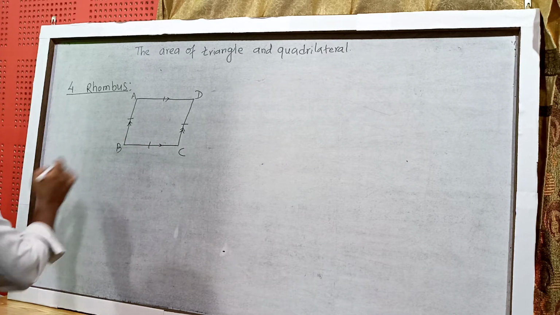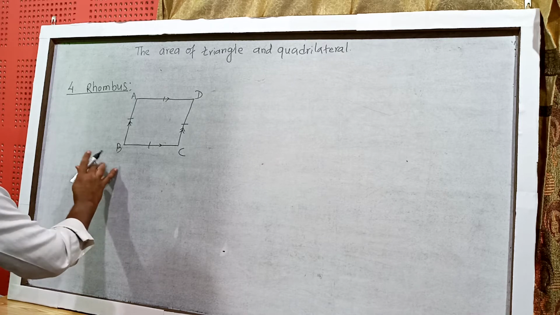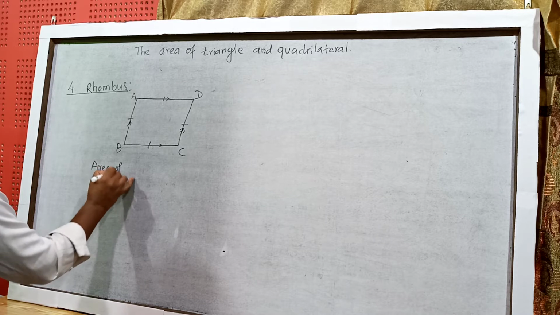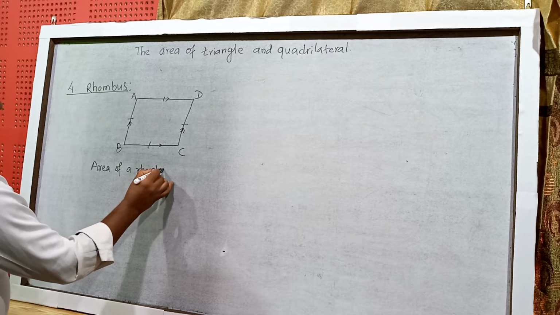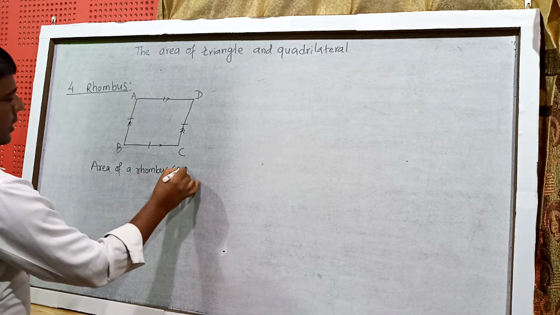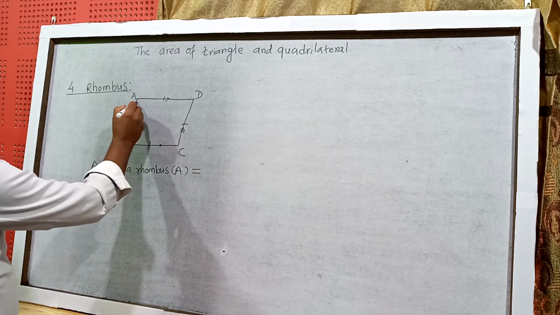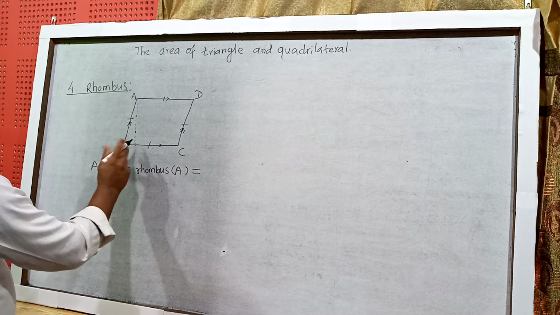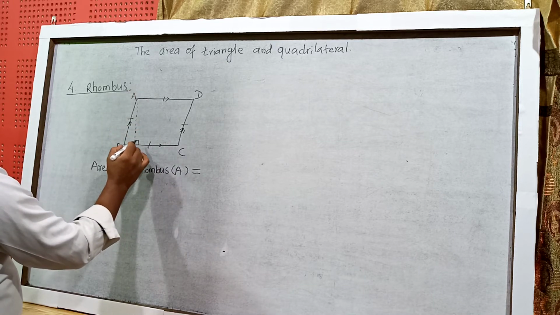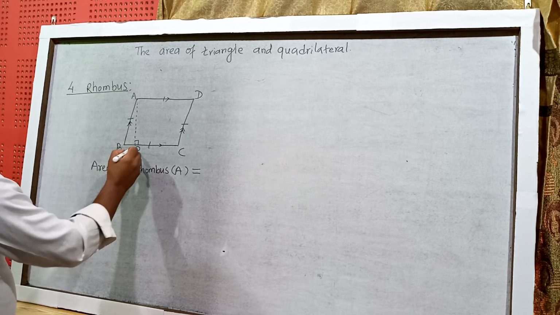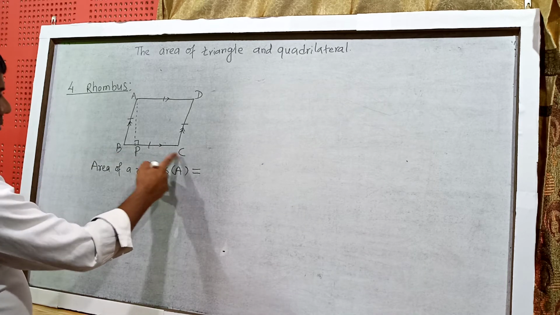So area of a rhombus A equals base into height, because it is also a parallelogram. So base is BC. Here if we have drawn the perpendicular from A to BC, AP is the perpendicular, then BC becomes the base.